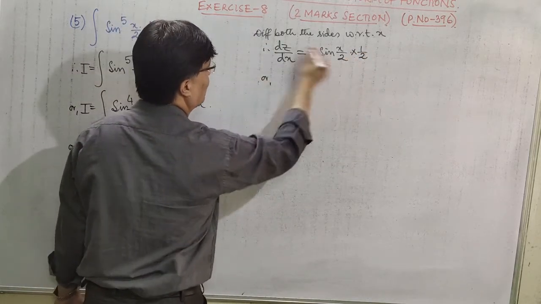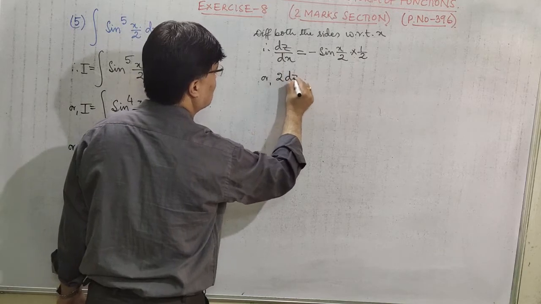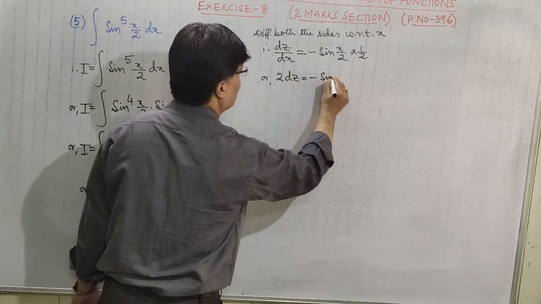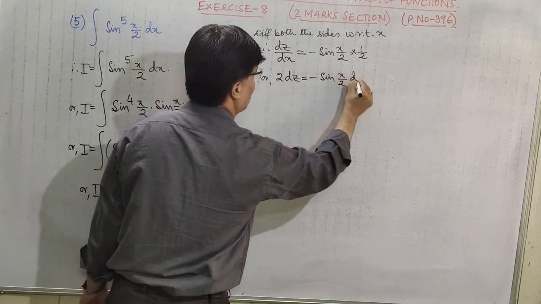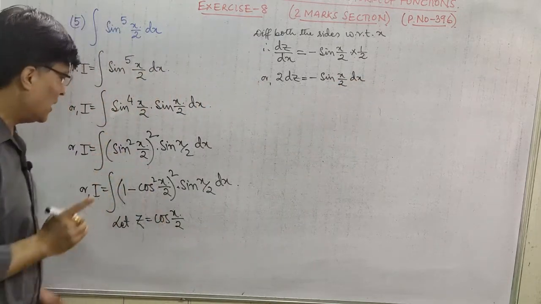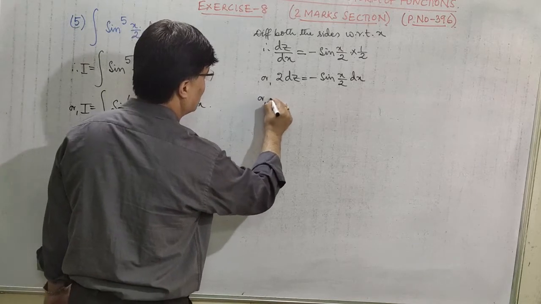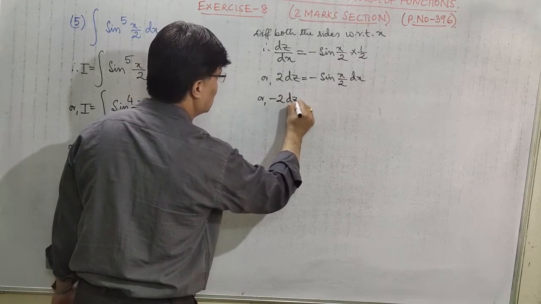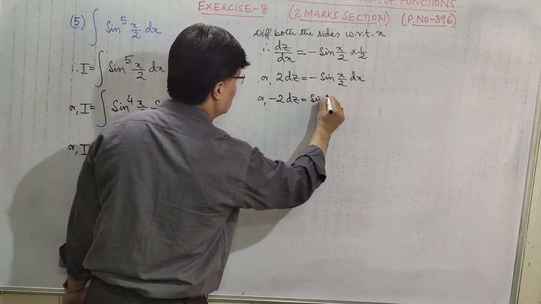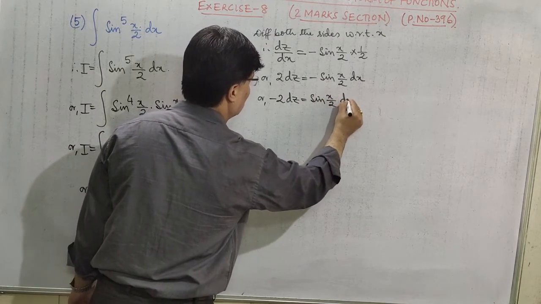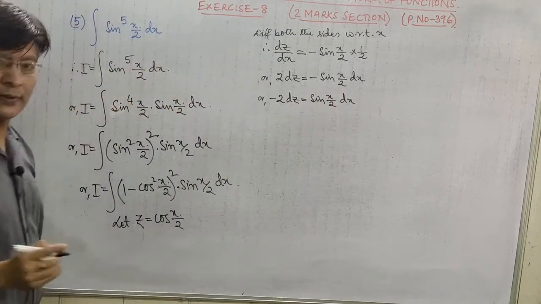Or let us cross multiply by 2 here. 2 dz is equal to minus sine x by 2 dx, and here we have got only sine x by 2. Let us take this minus sign to the left hand side. So it is minus 2 dz is equal to sine x by 2 dx. Is that clear?